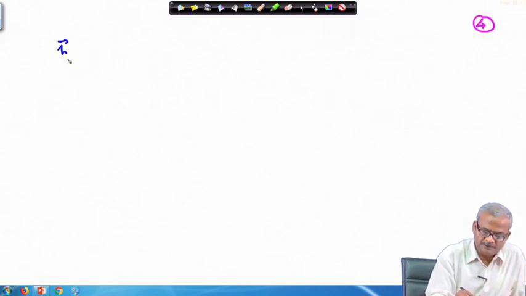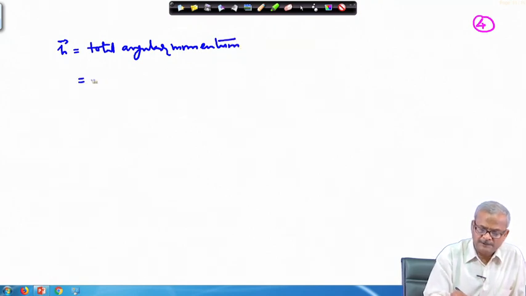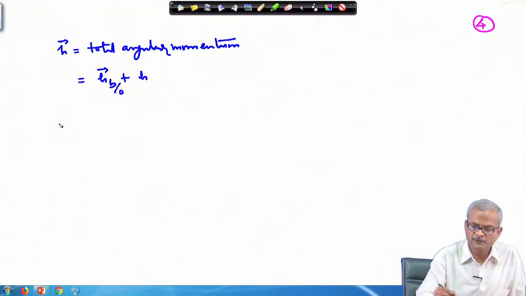So, H is nothing but the total angular momentum, and this can be written as H of the main body plus, and this also is about the point O.